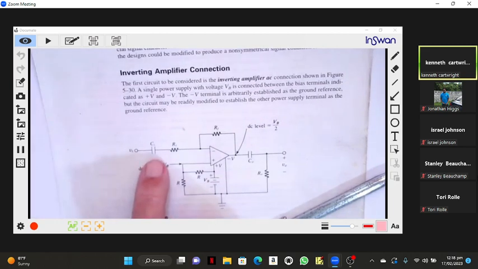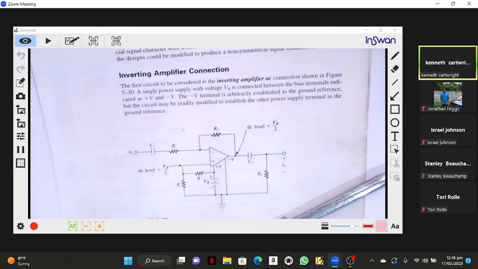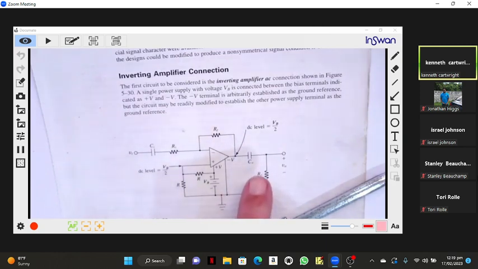Why can't we just have a straight line there? Why do I need to put that capacitor in there? Let's go to the output then. Let's look at the output coupling capacitor. Why couldn't I just put a straight line where the capacitor is?